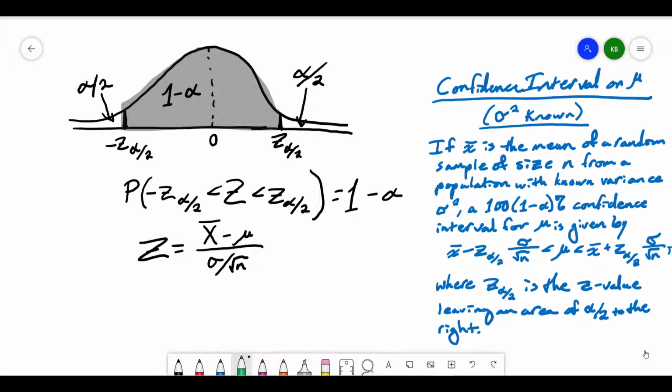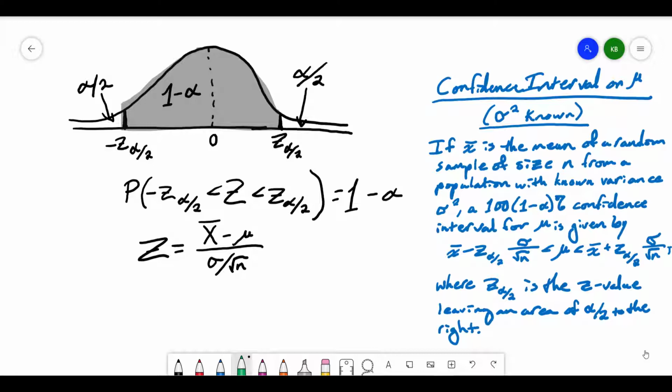So if I put the two areas that are not included together, I'll have alpha divided by 2 times 2, or just alpha. And that'll be the part that I'm subtracting from 1. So what I'm really finding is that I want the probability that z is between negative z sub alpha divided by 2 and z sub alpha divided by 2 is equal to 1 minus alpha.